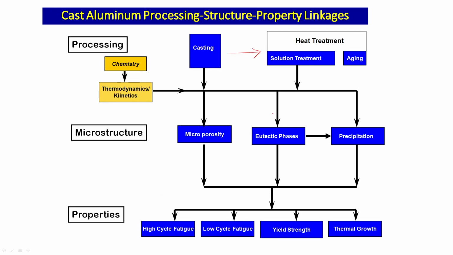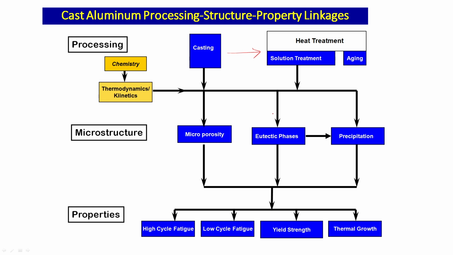Remember my first 10 to 12 lectures, from lecture number 3 to lecture number 14, where we discussed this structure-property correlation with processing. We have the chemistry of the alloy, from which we can develop thermodynamic and kinetic models that give us the phase diagrams as well as diffusion coefficients, which allow you to calculate the reaction rates of formation of precipitates or different microstructure phases.